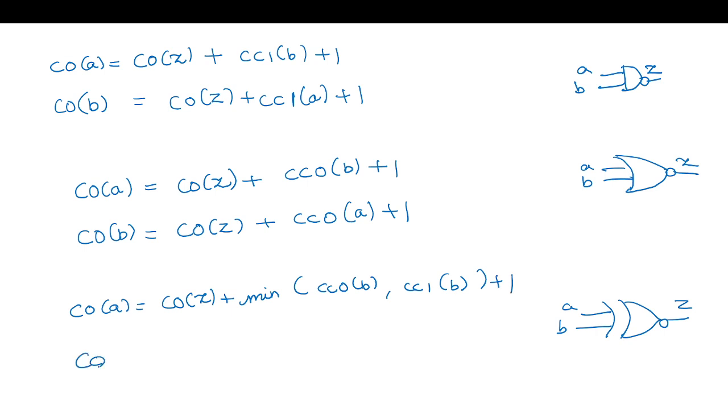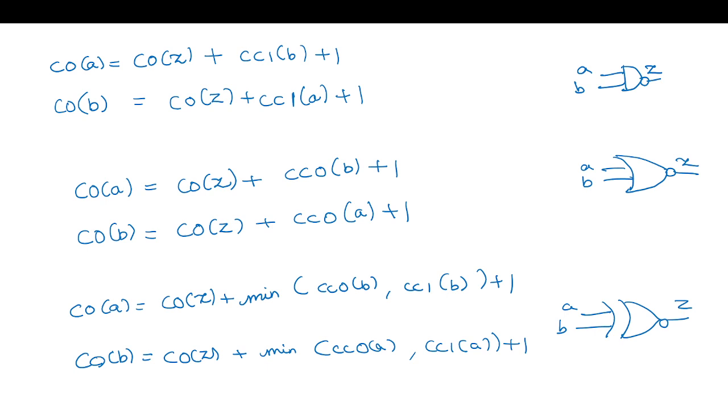And similarly for B, it should be the minimum of CC0 of A or CC1 of A, plus 1. These are the observability values.